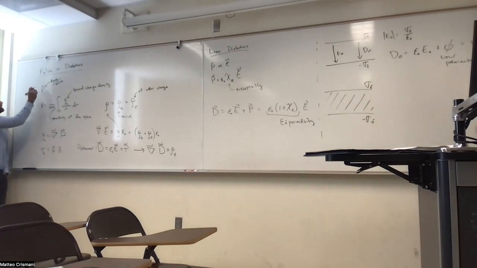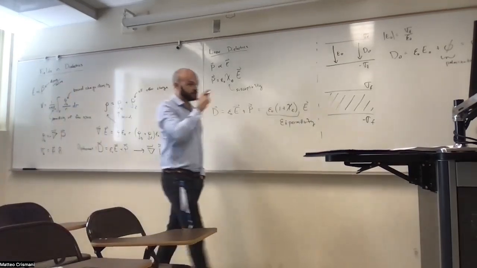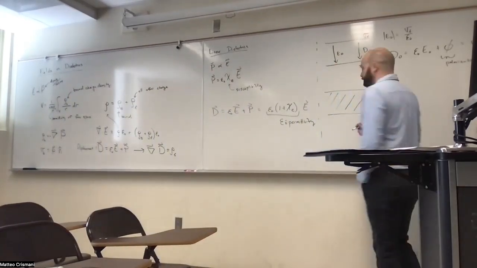Yeah, it's proportional to the field. And they go in the same direction because they're vector identities, right? Okay, so let's assume that the polarization here goes in the same direction as the field.